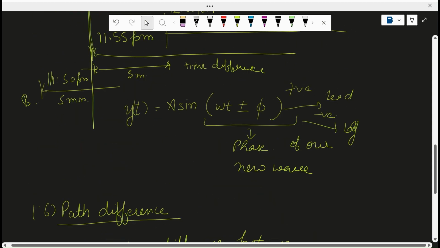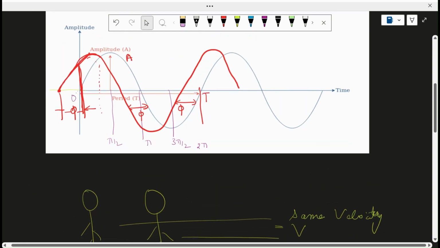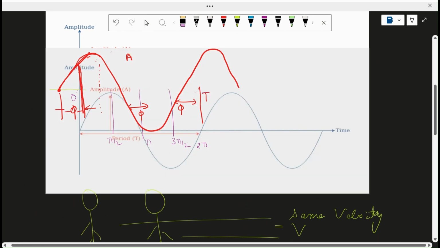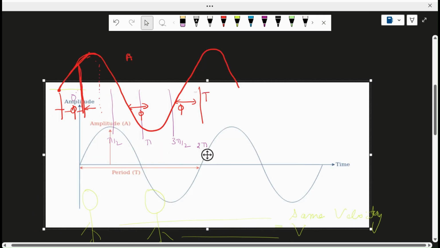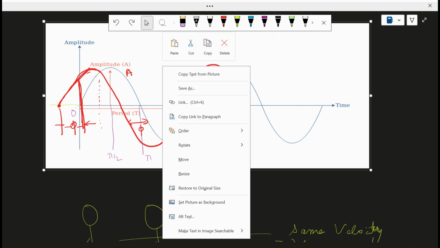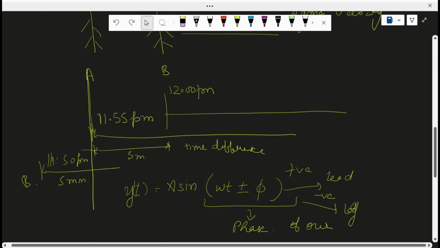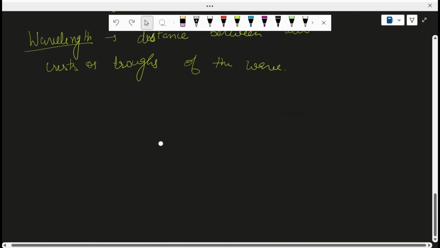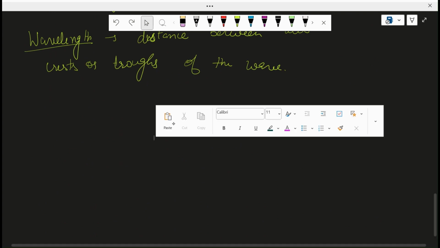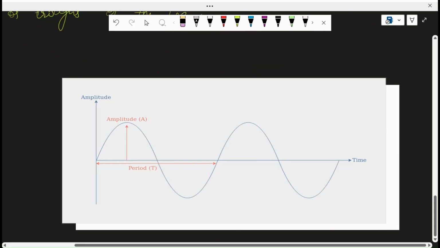What does this mean? This means that if this was a basic diagram, let me just copy it here. So this was our diagram.